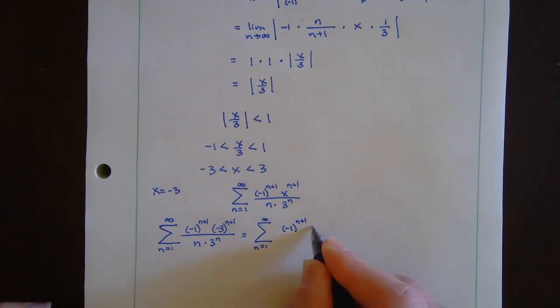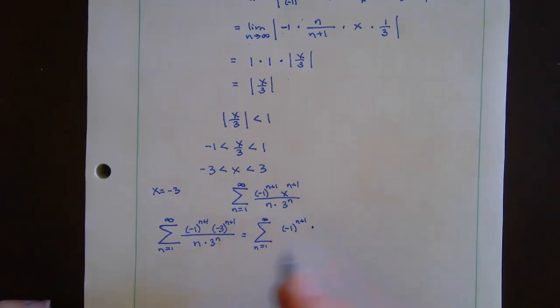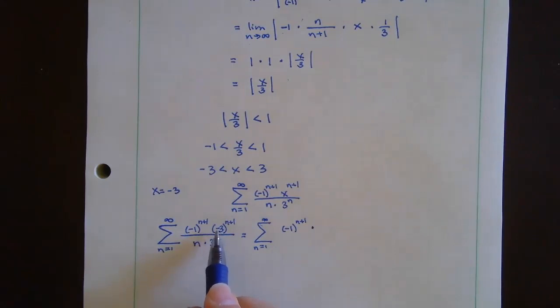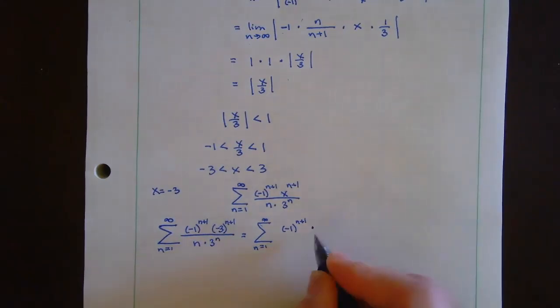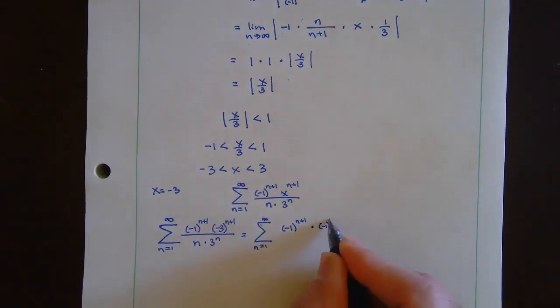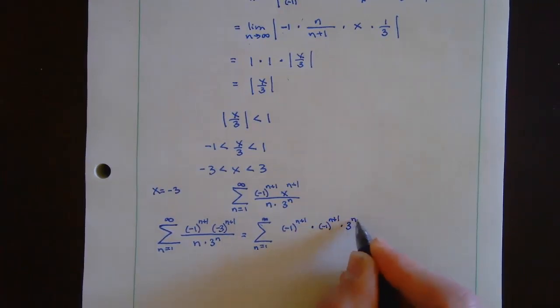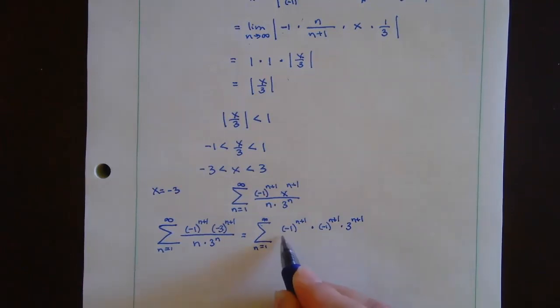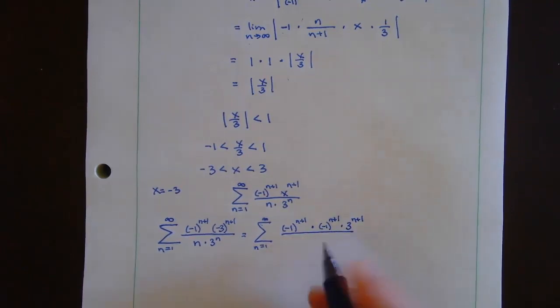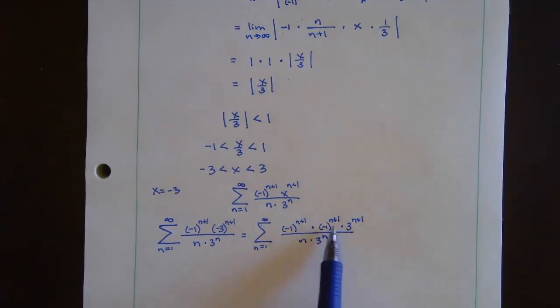And then times, now I'm going to look at it like this. This is -1 times 3, so that would be (-1) to the n plus 1 times 3 to the n plus 1. That's how I'm going to look at it, over n times 3 to the n. So I need to add these exponents.